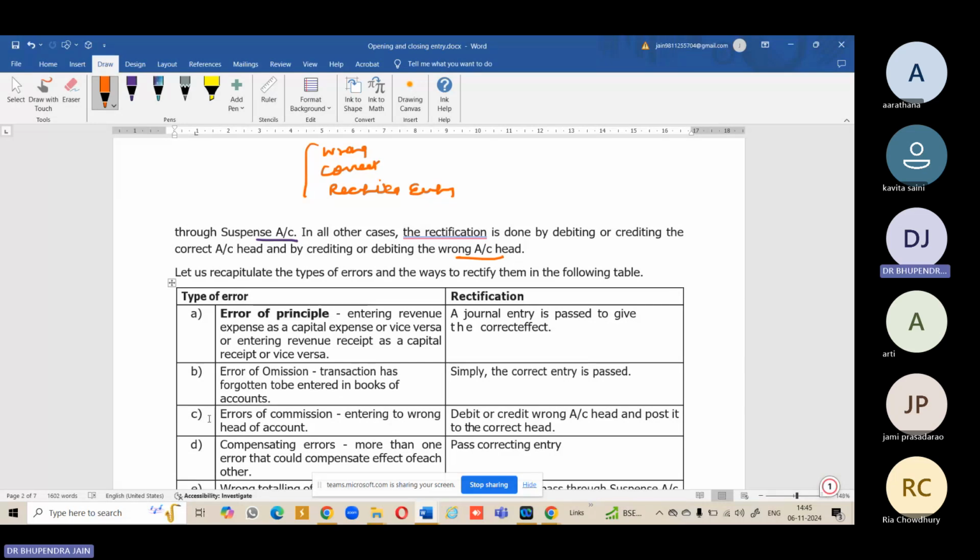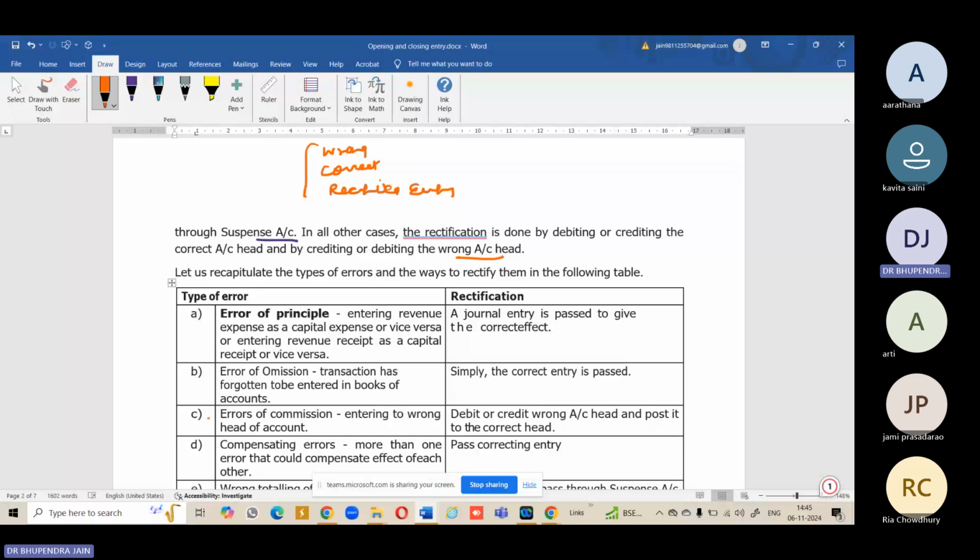If this type of MCQ is given in the examination, then we will adjust with the suspense account. Or if a double side error occurred, the rectification is done by debiting or crediting the correct account head, and crediting or debiting the wrong account head.